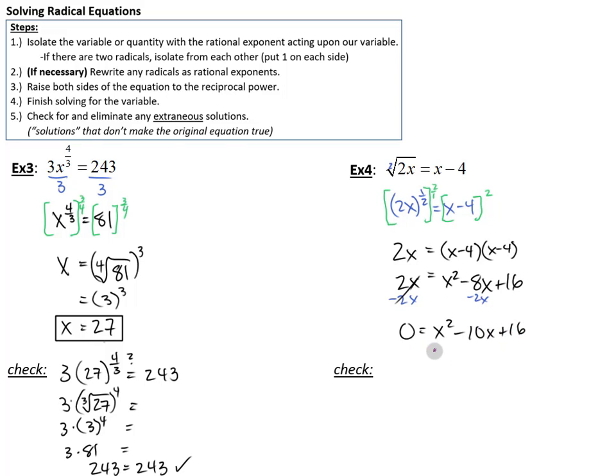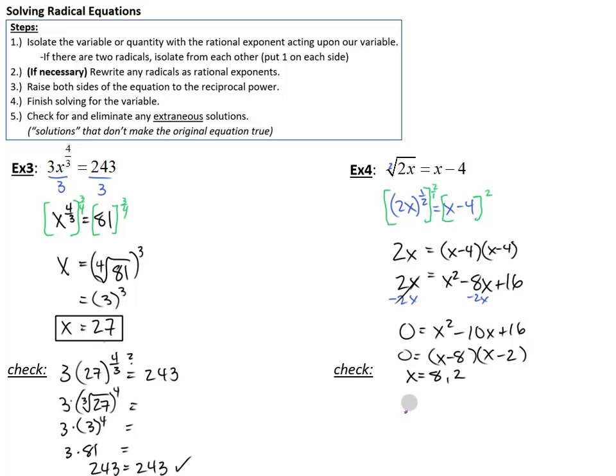The two numbers that multiply to positive 16 and add up to negative 10 are negative 8 and negative 2. And so we get two possible solutions here. Positive 8 from that factor and positive 2 from that factor.